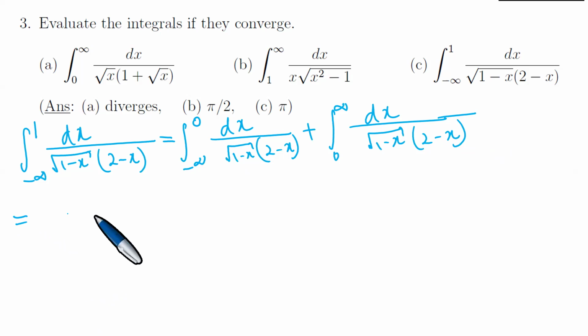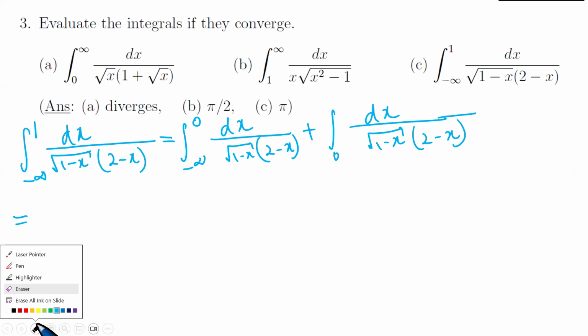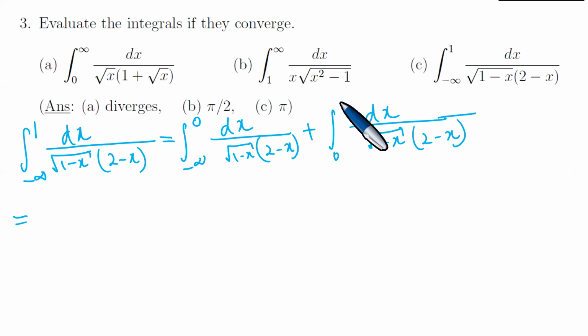Okay, so we know this integral already. So the problem here is at minus infinity, because minus infinity makes the integral improper. We must use b. And also we have a problem at 1, because there's 1 minus 1, I mean here from 0 to 1.